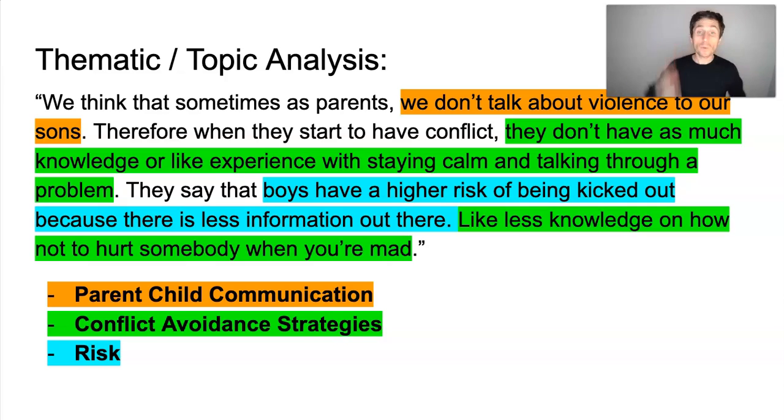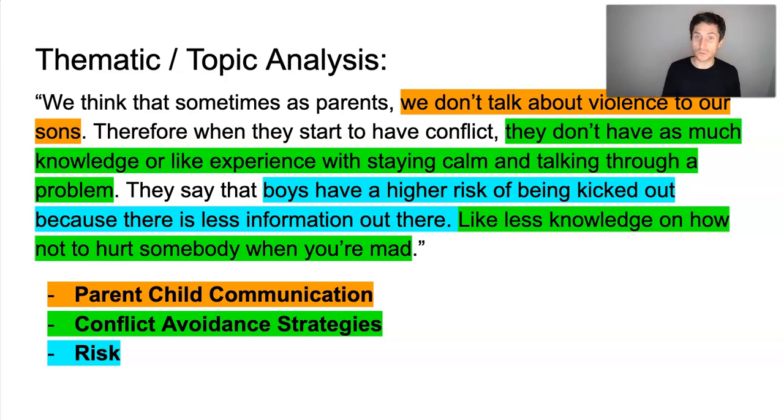And what we would do as qualitative scholars is continue to return to the thematic coding of transcripts, where we're maybe looking across the entire transcript of one participant for parent-child communication codes, and then going to the next participant looking for parent-child communication codes.